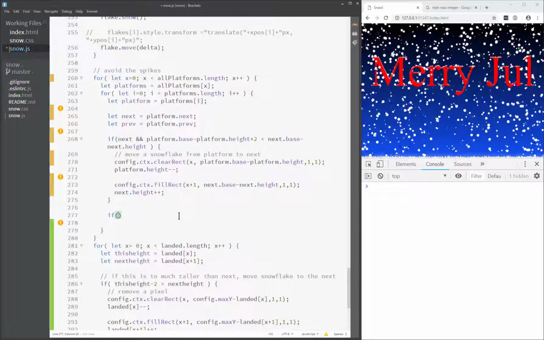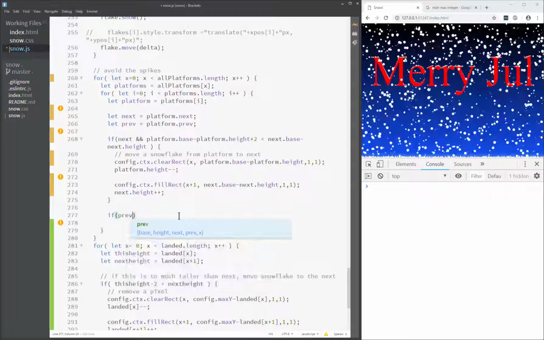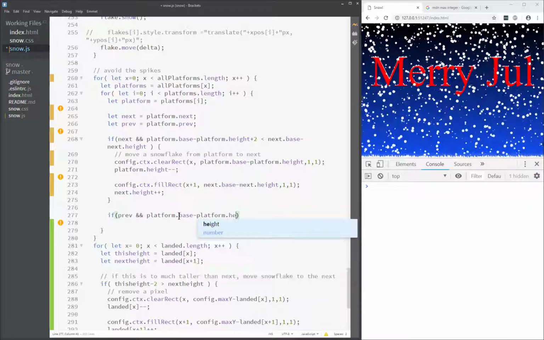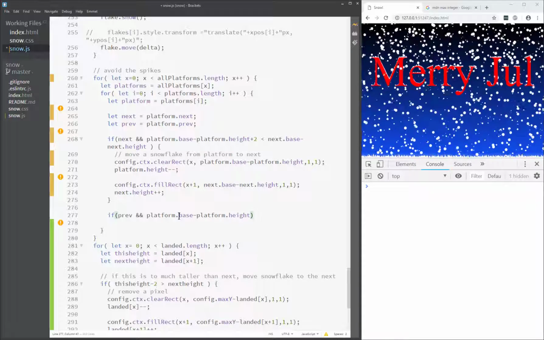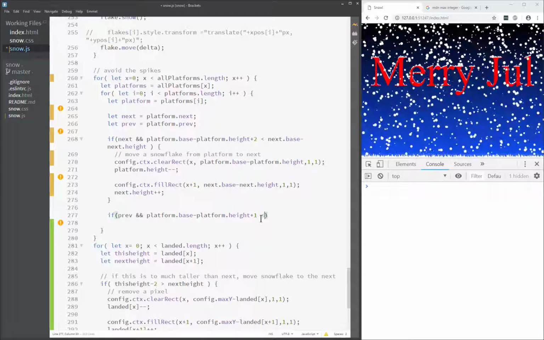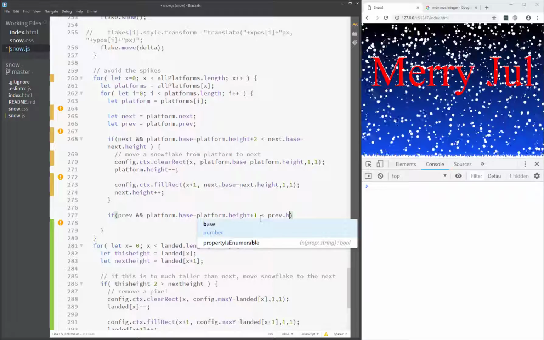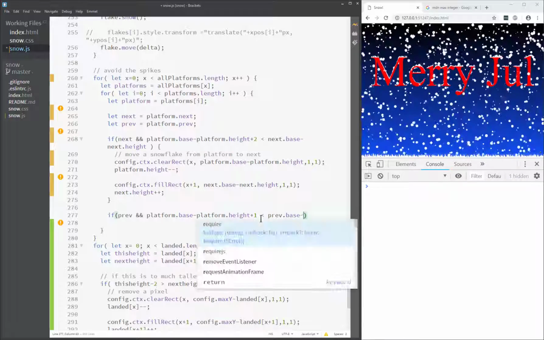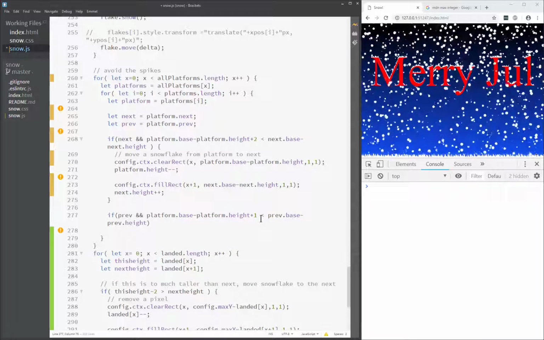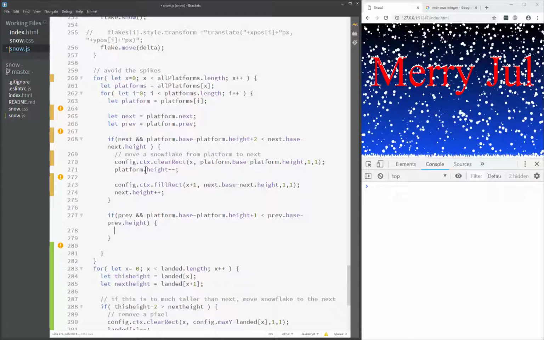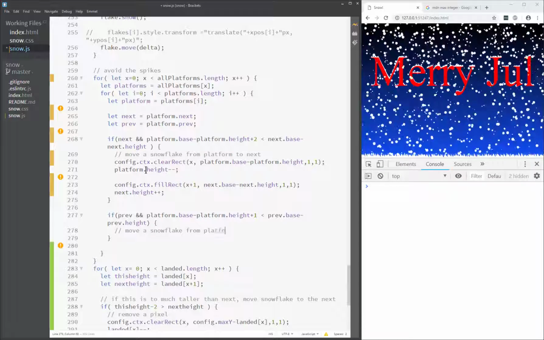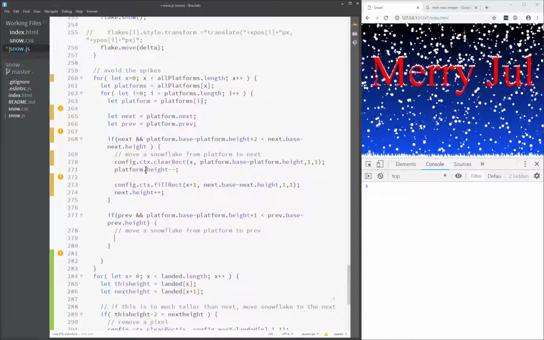And then if, and I just as well check if prev exists, and my platform base minus my platform height, if that plus 1, and I'm not plussing 2 to the left, it's 1 less, if that is less than the prev dot base minus the prev dot height, then I'm going to move a snowflake from platform to prev.